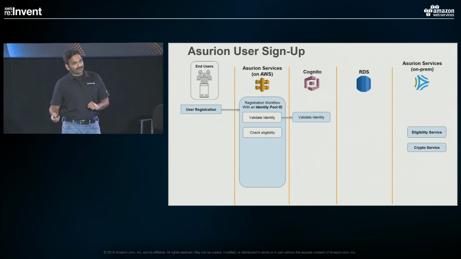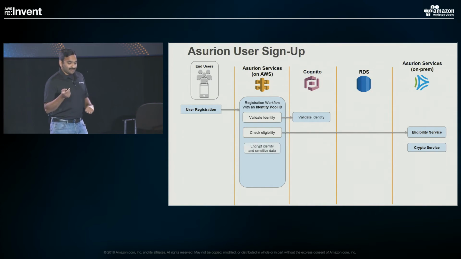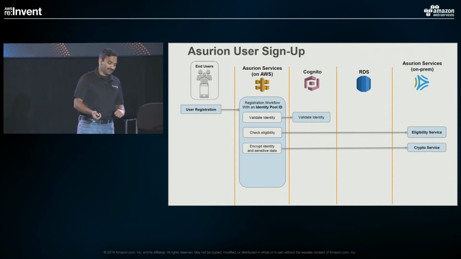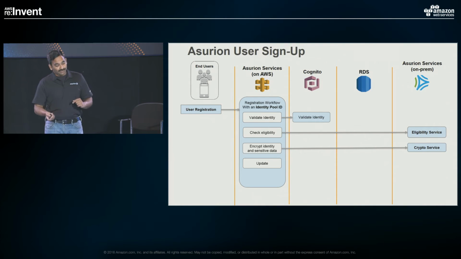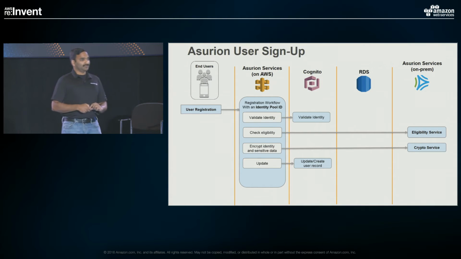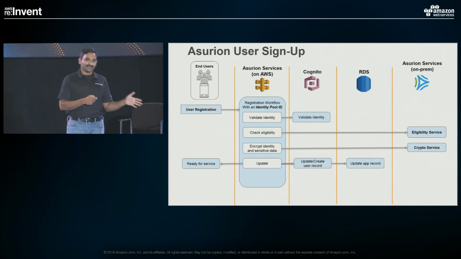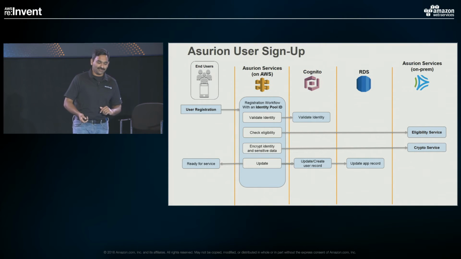And then once again, check our eligibility service because it's a secondary app. It has different rules against it. And once validated, we again protect the sensitive data, the user data that we get along, and we update the existing Cognito record with the user profile information and update our stores too. Now, the Cognito record is ready to accept device level authentication as well as user level authentication for us.